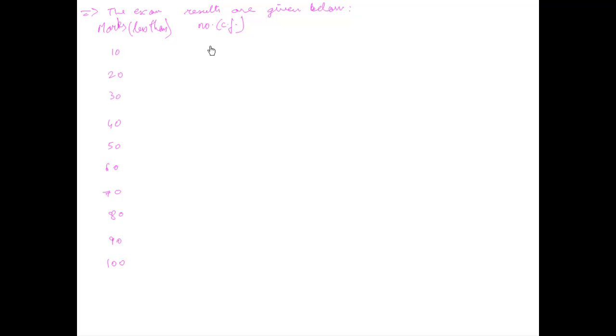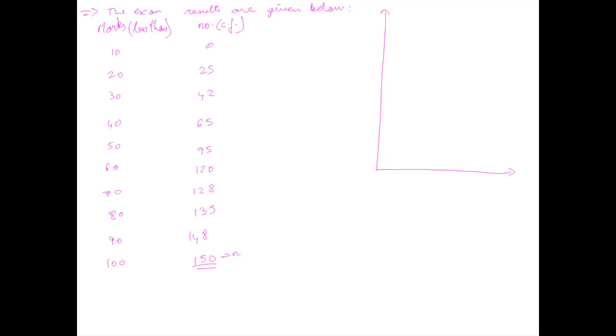Frequency being 0, 25, 42, 65, 95, 120, 128, 135, 148 and 150. Children, this is the value of n. So for calculations, we're going to use this as the value of n. We've already been given the cumulative frequency, so we just have to draw the ogive.